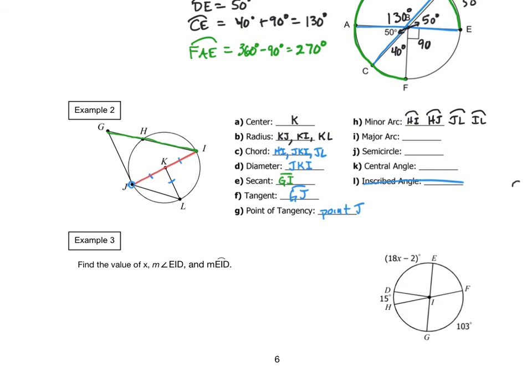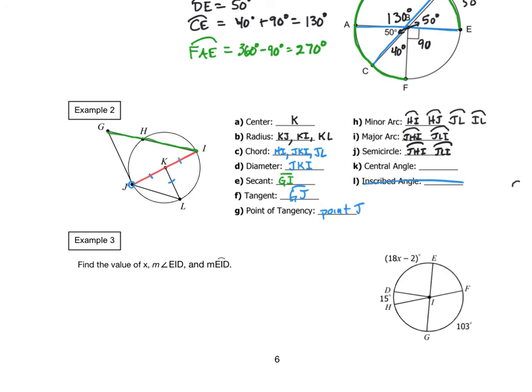Major arcs, let's see, we do have arc JHI, because that would be this semicircle right here. We also have JLI, another semicircle right here. So I might as well go ahead and label those semicircles. JHI, JLI. And what else? Major arcs.